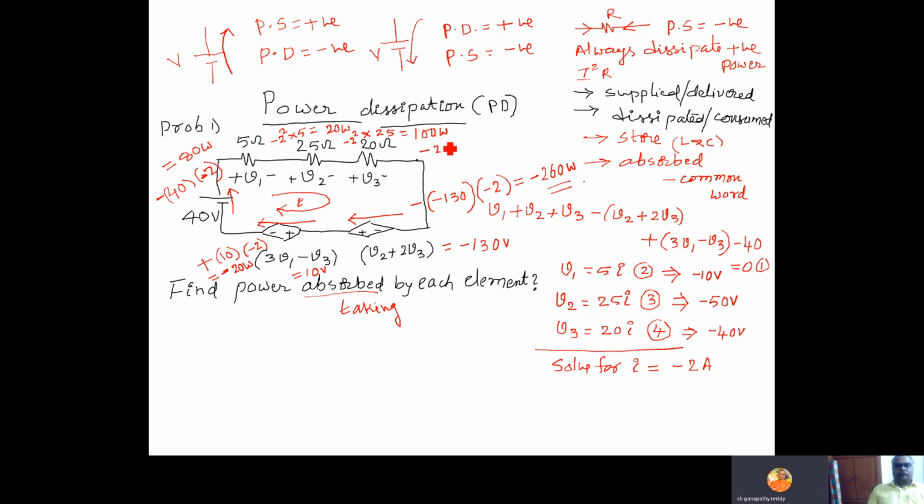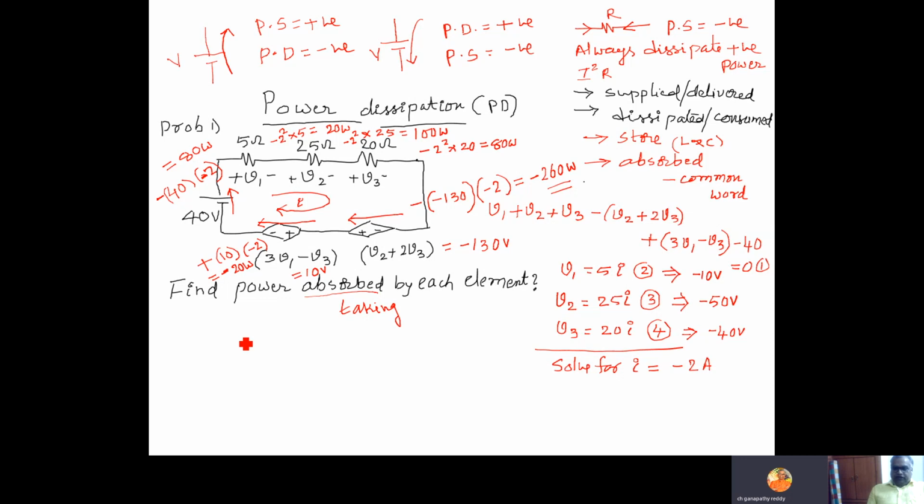This one, minus 2 square into 20, so 80. So like this, all powers we are finding.